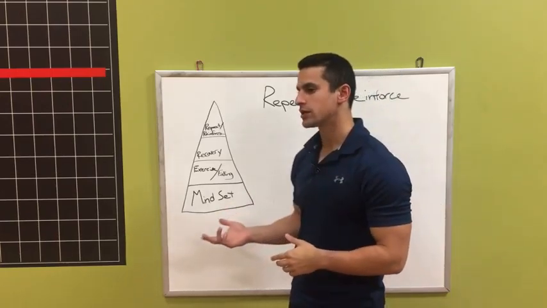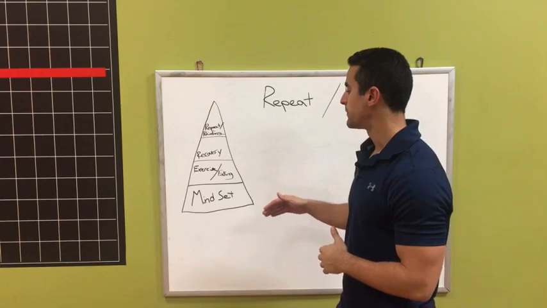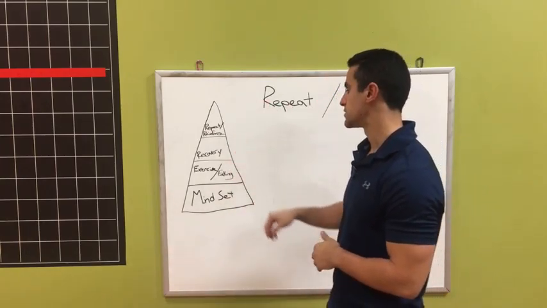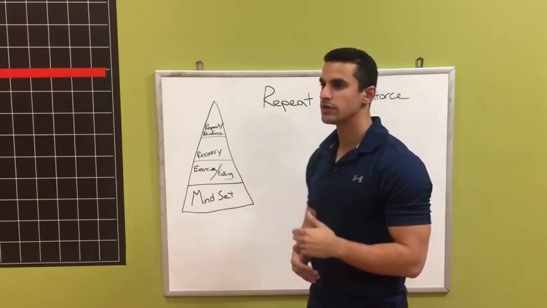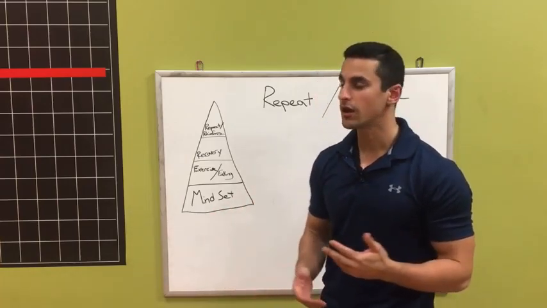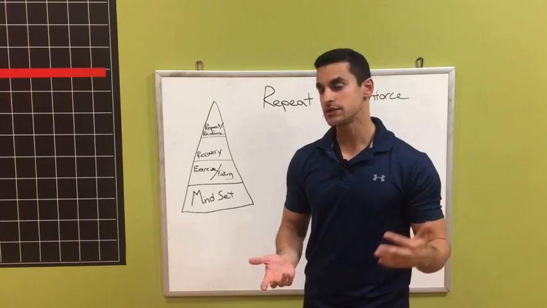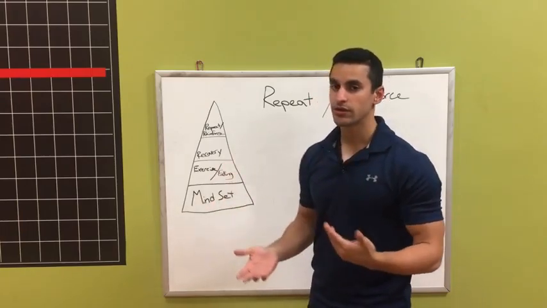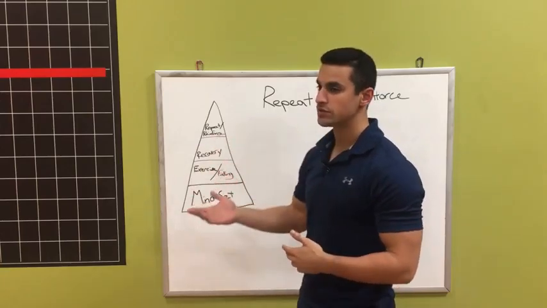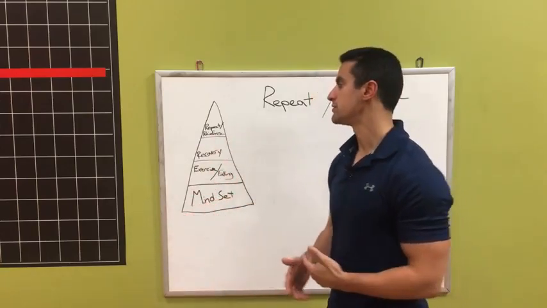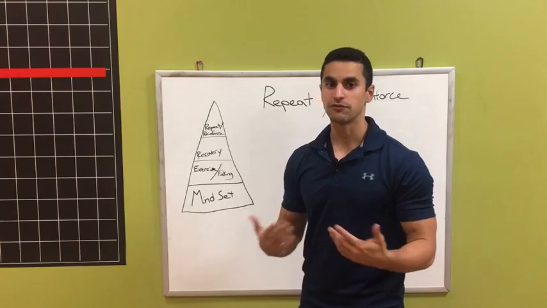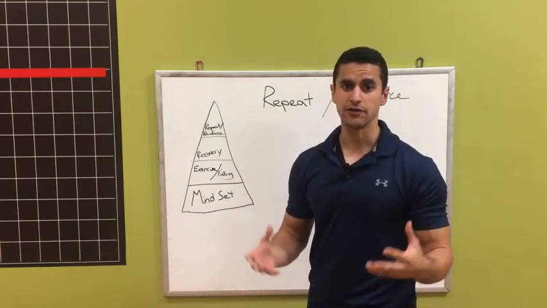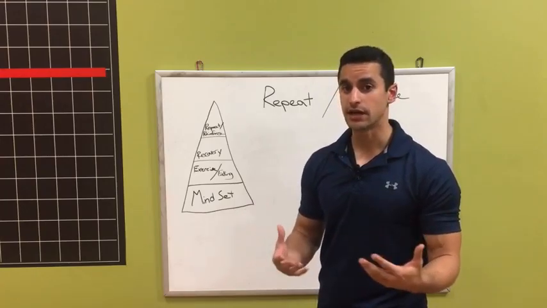Or the second way that we can look at this pyramid is accomplishing one thing at a time and moving up that pyramid. So we can look at mindset. We realize that there's a bunch of different things that we have to do there, but we're going to change one of those and then move up to exercise or eating, change one of those, and then move up to recovery and change one of those, and then we're going to repeat that and reinforce it with a new challenge or a new behavior, again reinforcing everything that we've already done.